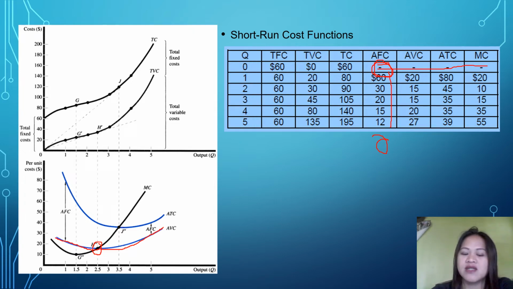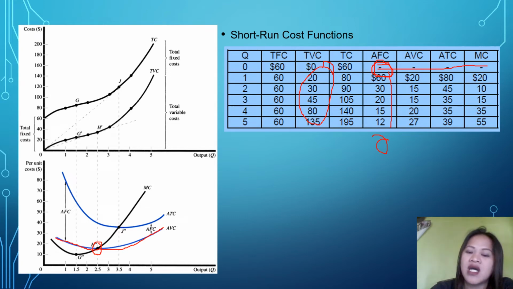So a smaller output with a greater variable cost will give you a higher average amount. But the more you increase, bababa at bababa yan because it will be distributed. But sooner it will increase.